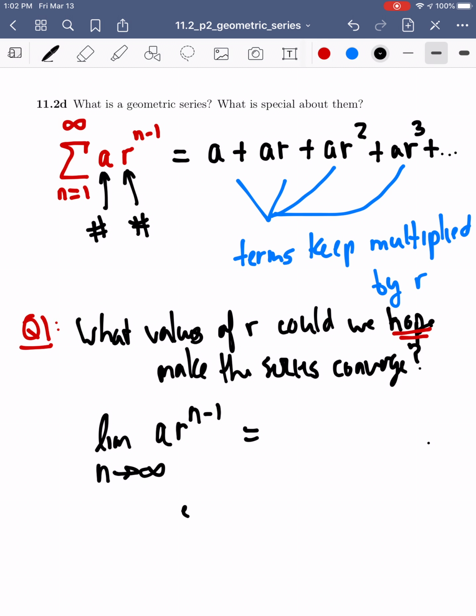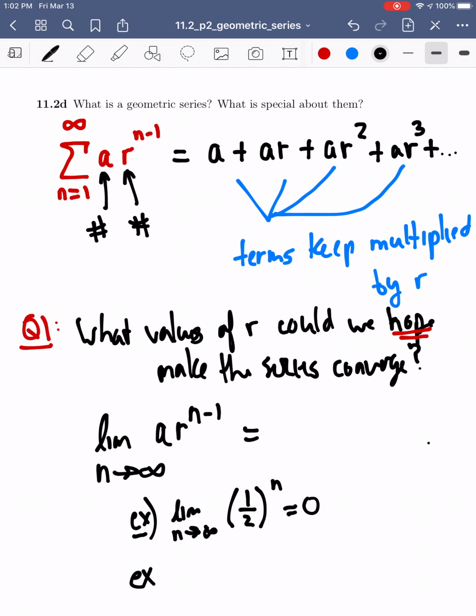So for example, if r is something like a half, and we take a half to some very, very large power, say the limit as n goes to infinity of (1/2) to the n, this limit's going to be 0. And we did a similar type of example when we first started talking about sequences.